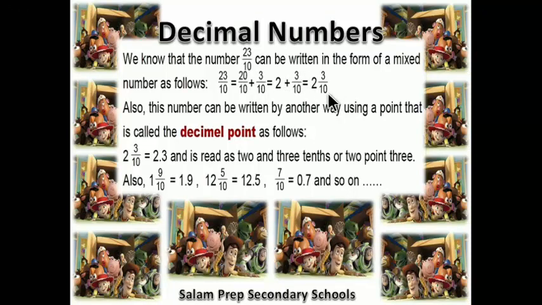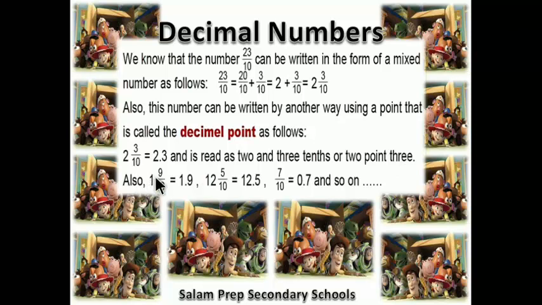So the mixed number is 2 and 3 tenths. Also, this number can be written another way, using a point that is called the decimal point, as follows: 2 and 3/10 equals 2.3, and is read as 2 and 3/10 or 2.3.